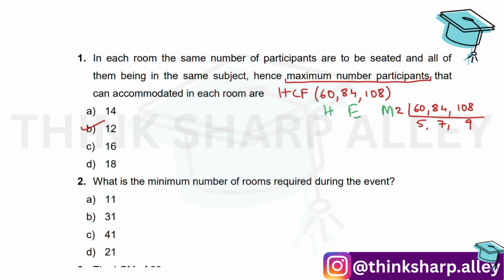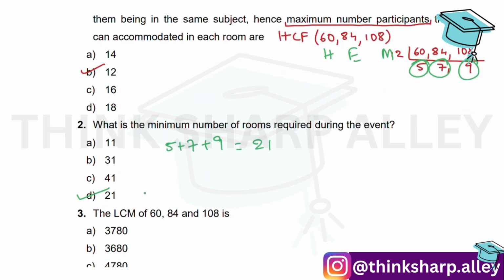So Hindi participants would need 5 rooms, English participants would need 7 rooms, and mathematics participants will need 9 rooms if the maximum number of participants are accommodated in each room. So, the total number of rooms required would be 5 plus 7 plus 9, which is equal to 21.